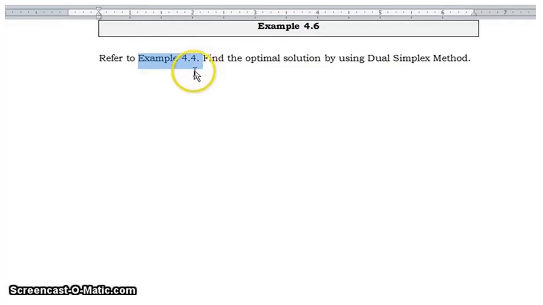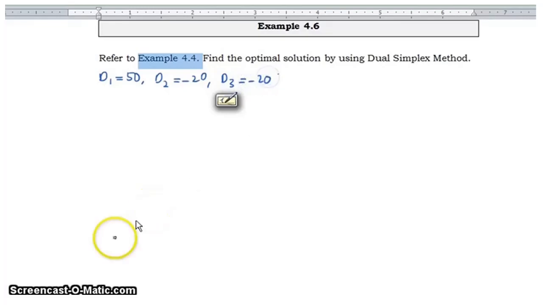When Toiko increased the availability of operation A by 50 minutes, so D1 is 50, and decreased operating time in operations B and C by 20 minutes respectively, so we have here D2 is -20 and D3 also -20.